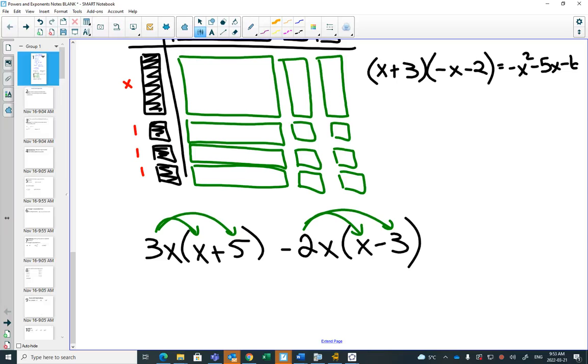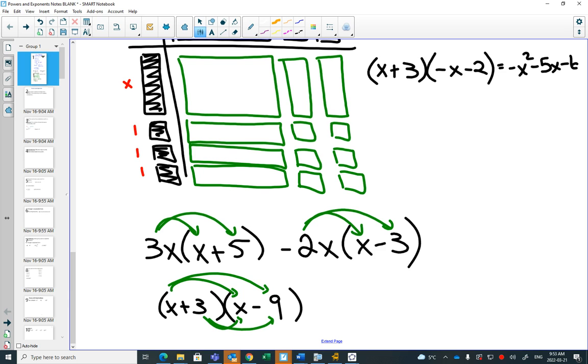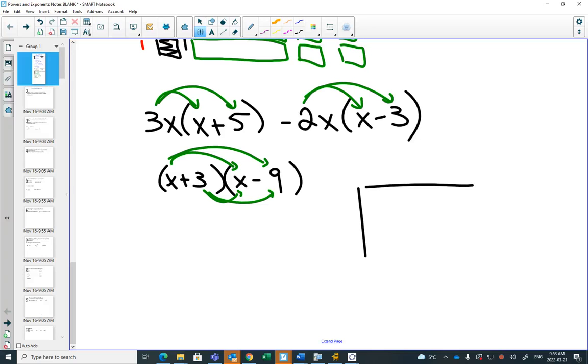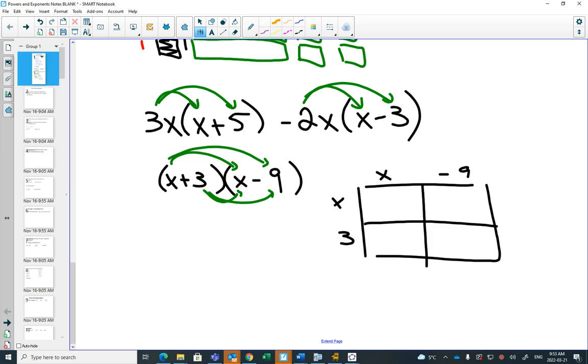Do you remember multiplying a binomial times a binomial? You could either do your area, or you could use FOIL: first, outside, inside, last, or you can make your area square. You've got x plus 3, x minus 9, and just multiply and fill everything in your chart.